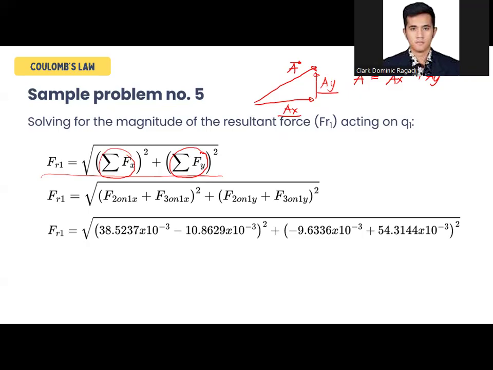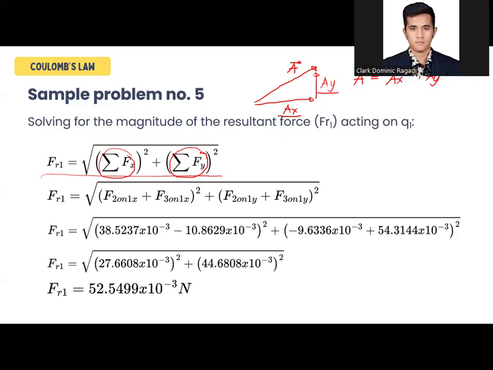So we got those values, then simplifying, and finally we got the magnitude of our resultant force being 55.5499 times 10 to the negative 3 newtons. So that's our magnitude. But we are not yet done because force is a vector, so it needs a direction.